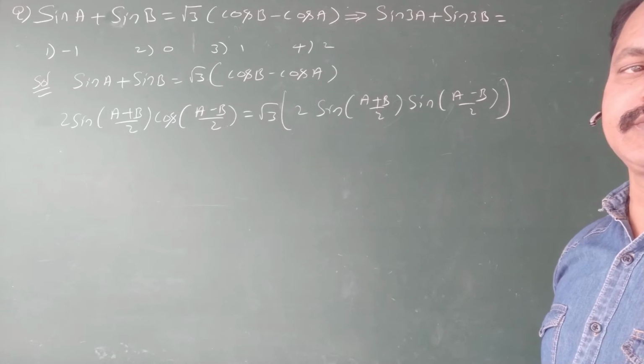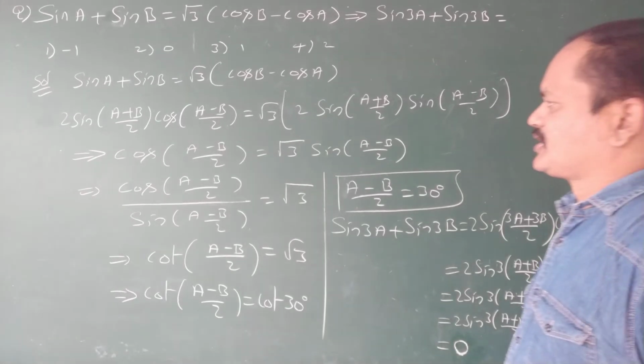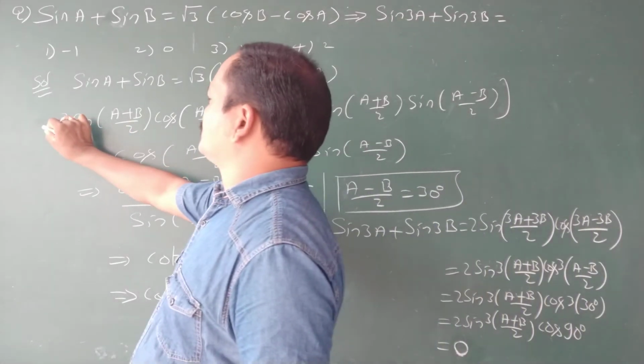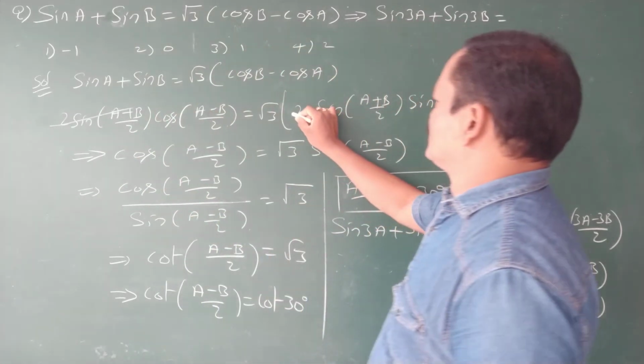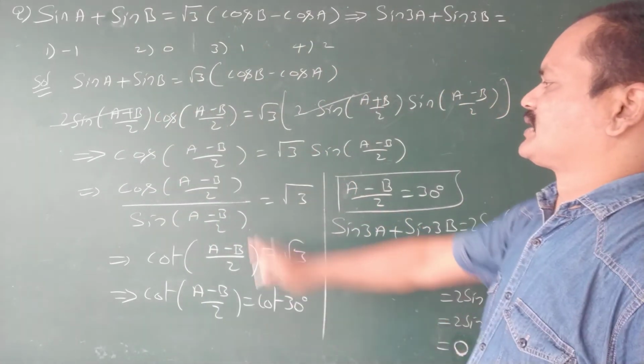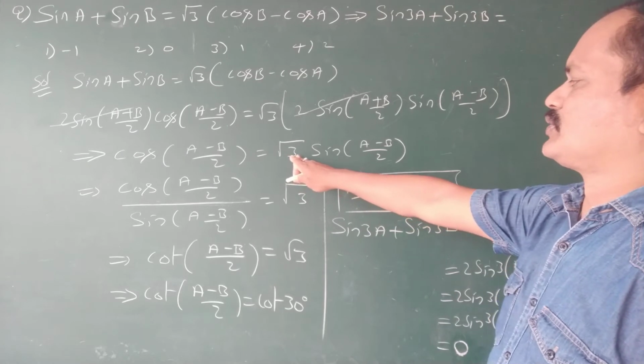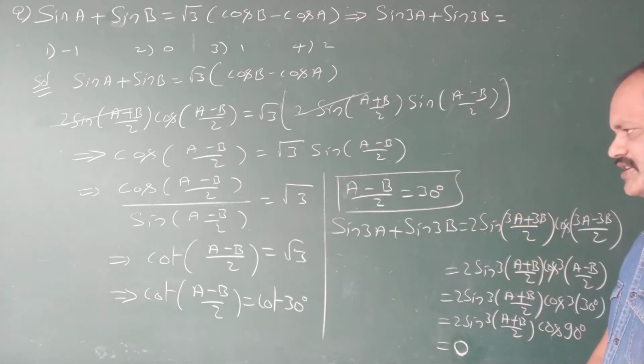Now in the next step, 2 sin A plus B by 2 gets cancelled, then cos A minus B by 2 is equal to root 3 times sin A minus B by 2.